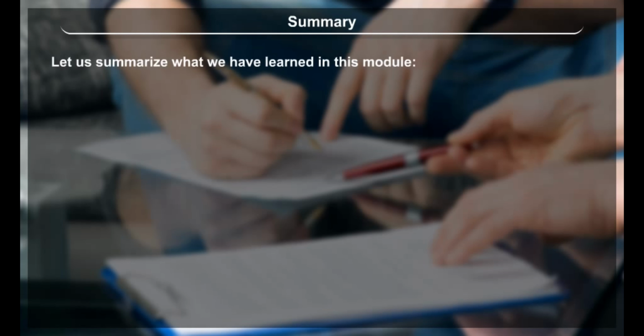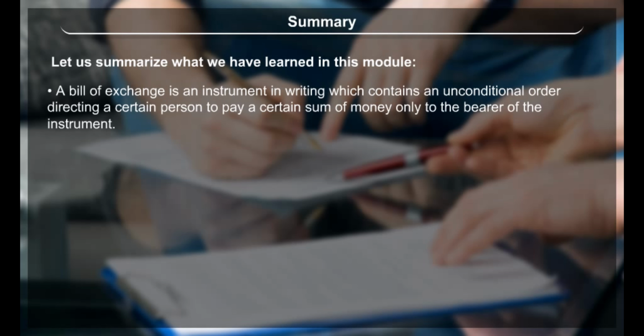Summary. Let us summarize what we have learned in this module. A bill of exchange is an instrument in writing which contains an unconditional order directing a certain person to pay a certain sum of money only to the bearer of the instrument. Parties to a bill of exchange include the drawer, drawee, and payee.